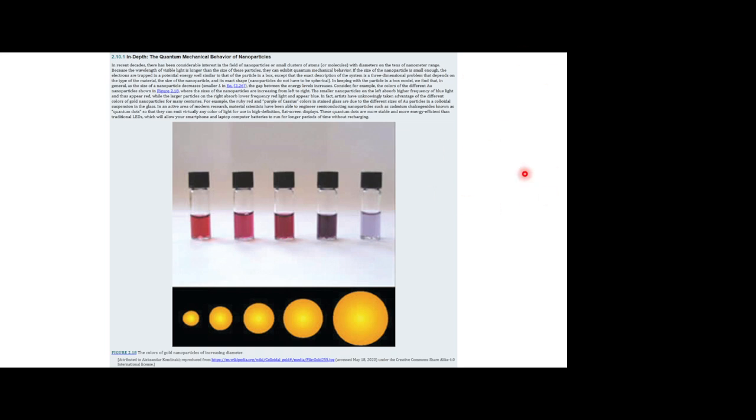This right here is the quantum mechanical behavior of nanoparticles. They're actually quite interesting because the size of the particle changes the wavelength that's going to be emitted. So you get different wavelengths from the different sizes of the particles. Neat, huh? This is very commonly done with gold colloids or silver colloids.